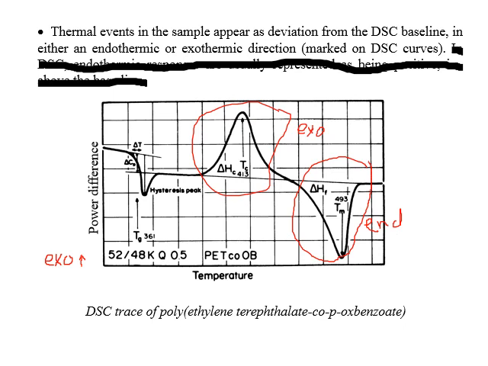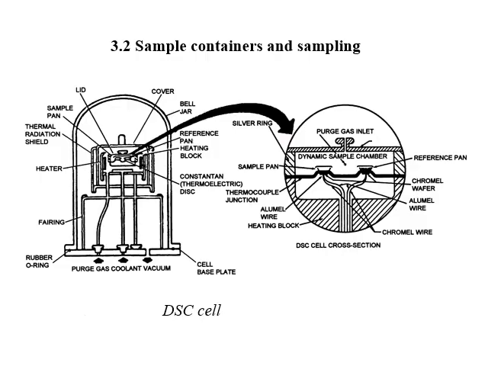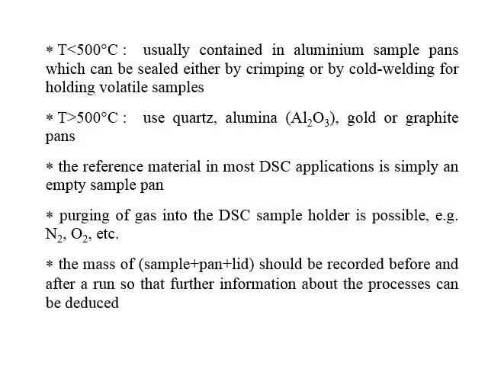So we have glass transition in the beginning, followed by crystallization, followed by melting. So this is a typical DSC curve. It's just important that when you look at a DSC curve, you look on the plot to understand whether it's oriented exotherm up or exotherm down.